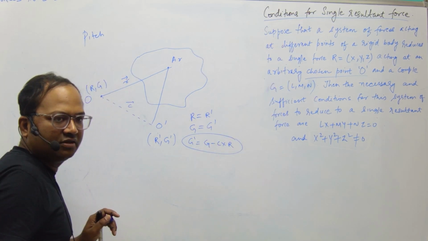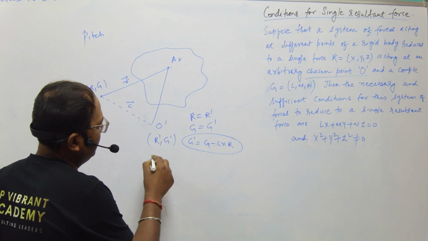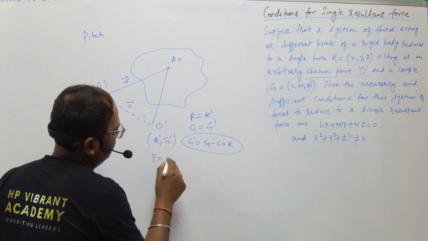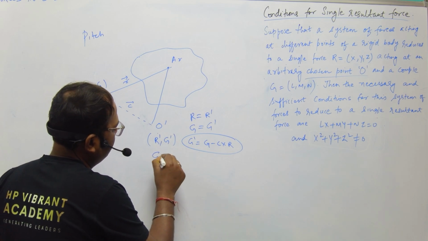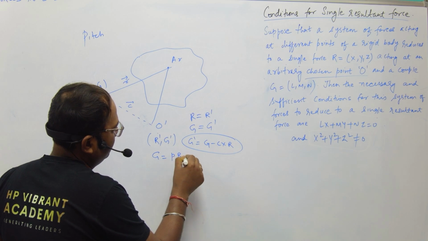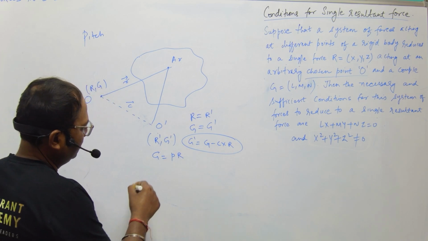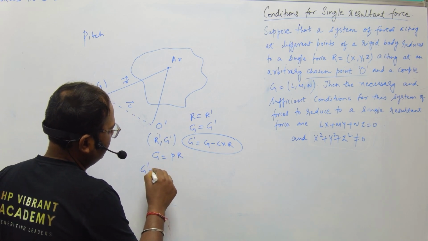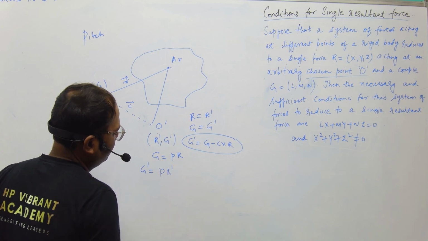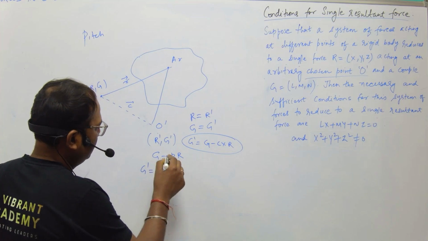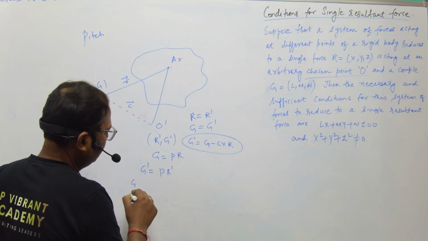Now let us calculate the value of pitch. We have the relation G is equal to pitch times the resultant vector. Now let us find G dash. So G dash is equal to pitch times R dash. Let us take the dot product with R dash.